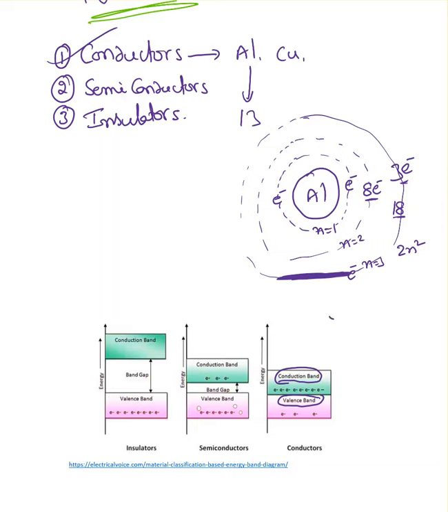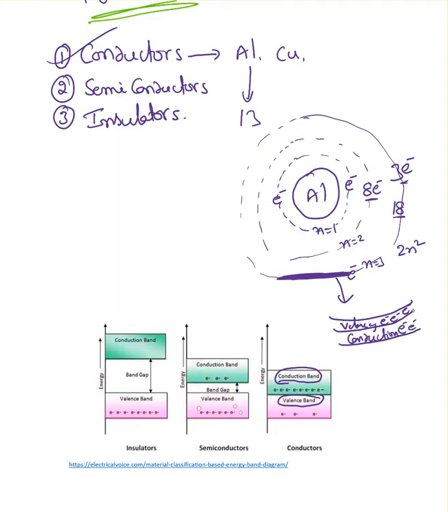If I magnify it, here is the valency band, and all the electrons are going to be here. But for conductors, the valency band and conduction band are touching each other. So electrons can move from the valency band to the conduction band without any external energy.